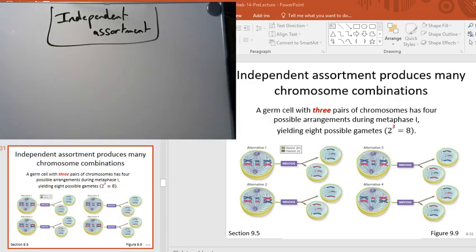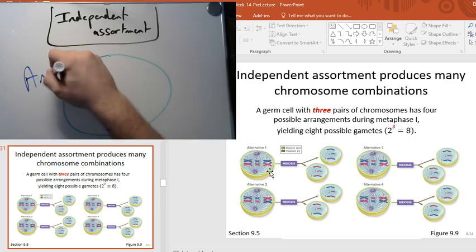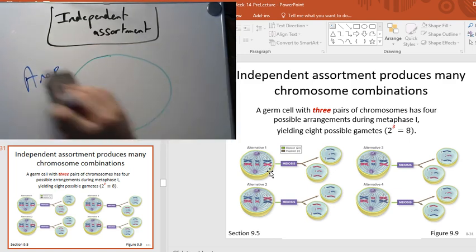So a little follow-up of the crossing over part of the video. I wanted to talk about independent assortment really quick. So keep in mind those colors I just talked about, pink and blue, and you can see them here. So if you think of a cell during the separation of homologous chromosomes, so anaphase 1, right? Well, actually, anaphase 1 is a good one.